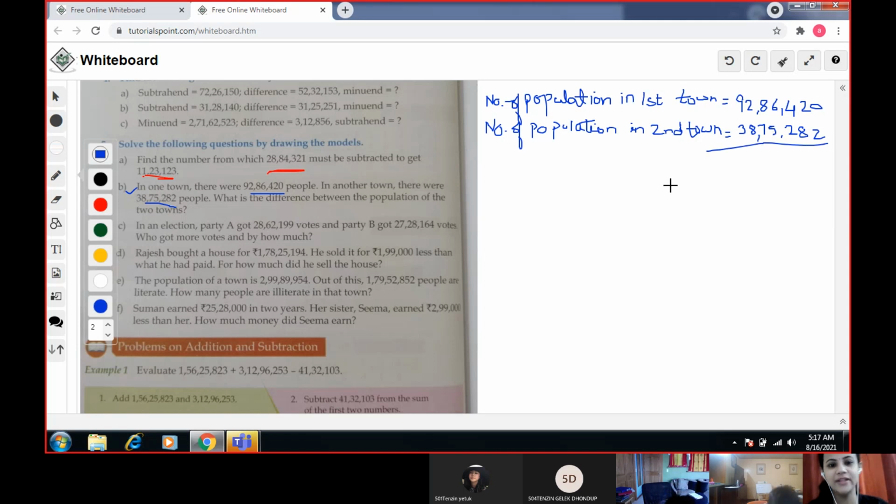Now we have to find the difference. So whenever it is written to find the difference, we always subtract.